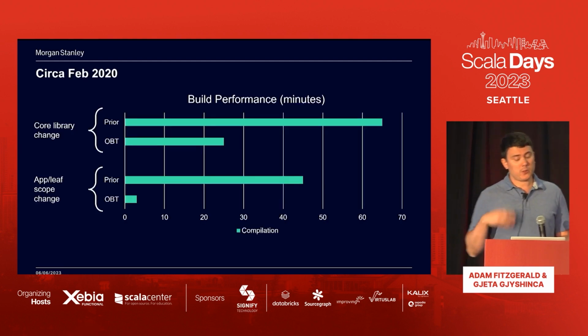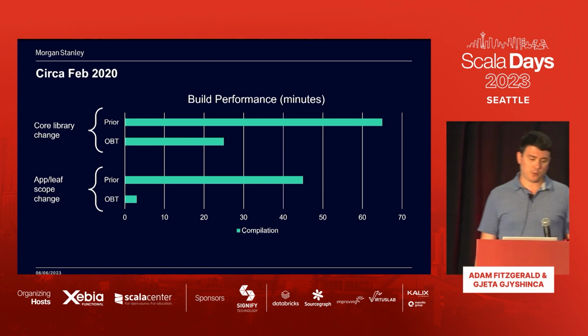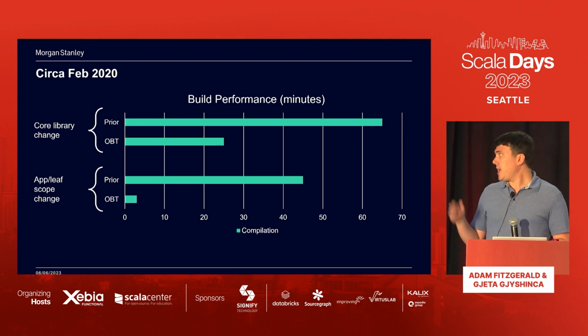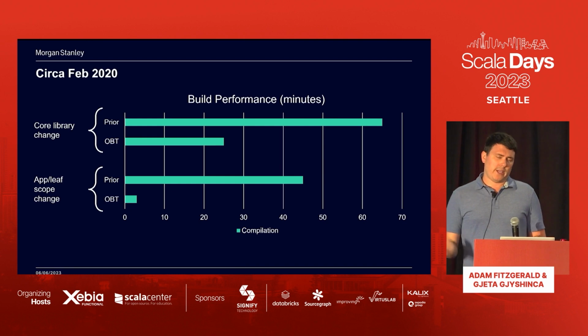So at the time that we made the switch from our prior build tool to OBT, we were able to do a kind of an apples-to-apples comparison of build performance, the same number of lines of code. At this point in time, in early 2020, probably had half the number of lines of code, so call it 11, 12 million lines of code, for a core library change that invalidates most of the dependency graph.